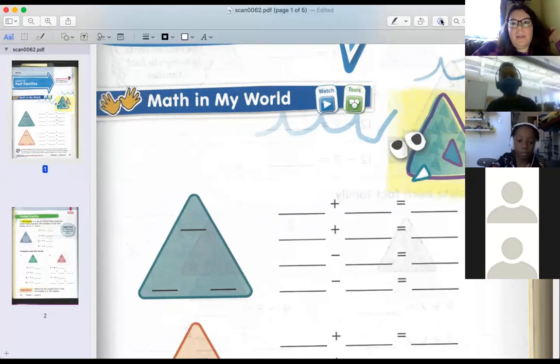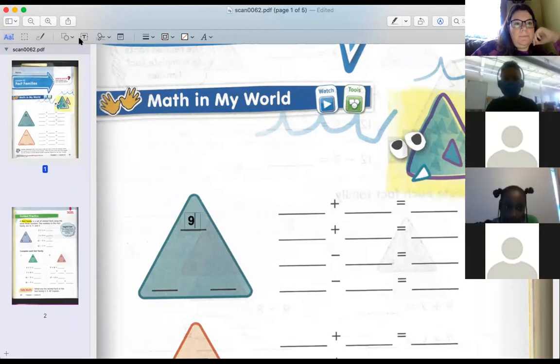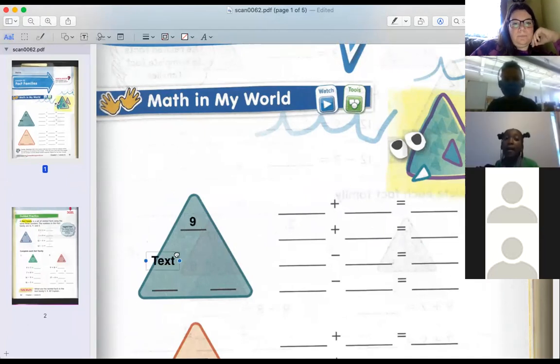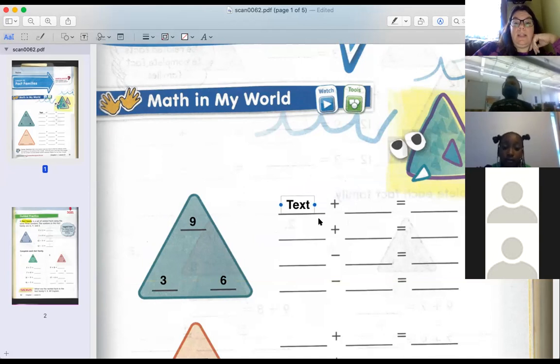Okay, so let's get to writing on this. Let's say we've got the numbers 9, 3, and 6. All of these numbers are related, and we can write 2 addition sentences and 2 subtraction sentences using these numbers.